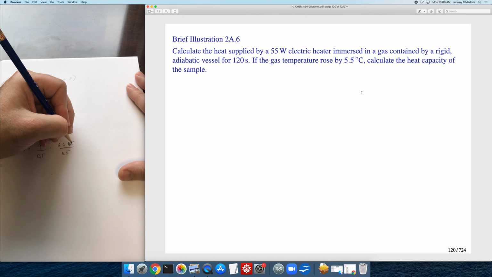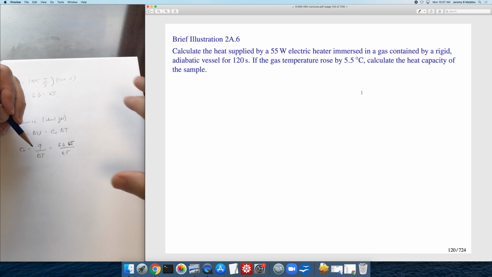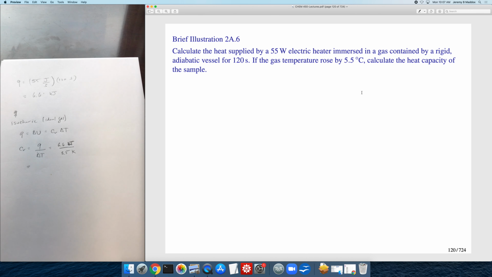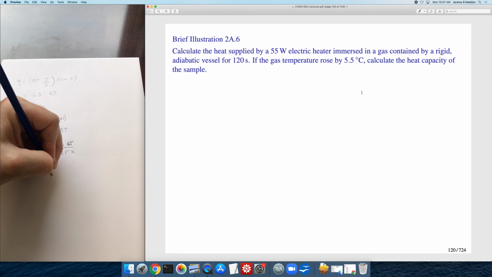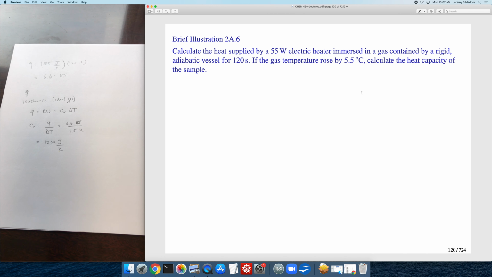And what I'll point out here is that delta T in degrees Celsius numerically equals delta T in Kelvin, because we're talking about a change in temperature and not an absolute temperature. So I'm getting 1200 joules per Kelvin for the heat capacity for this particular sample of gas.